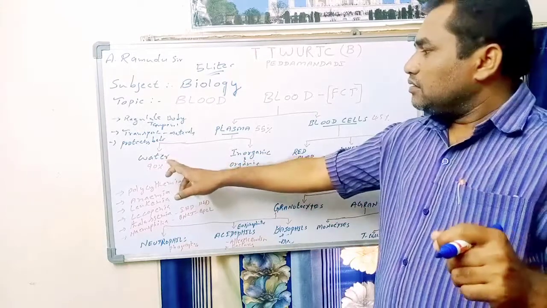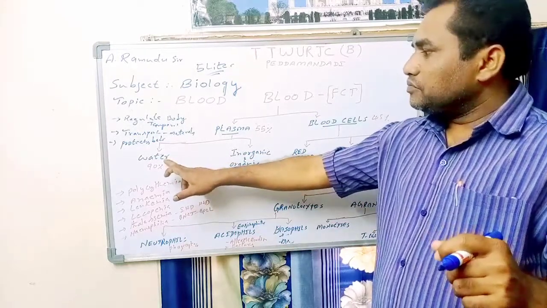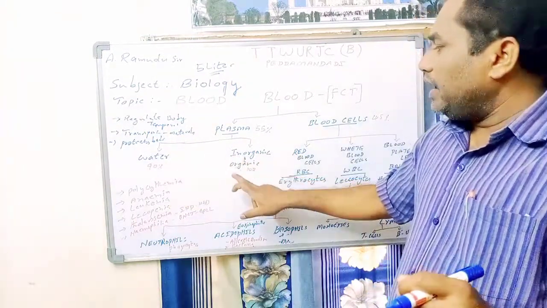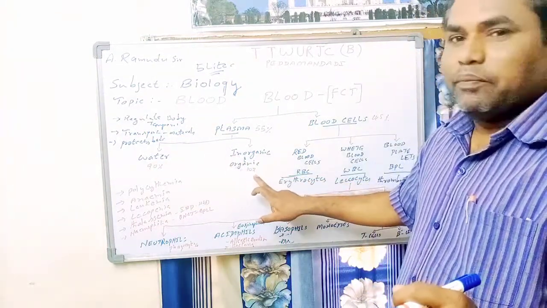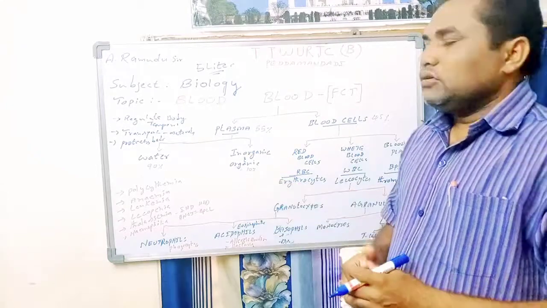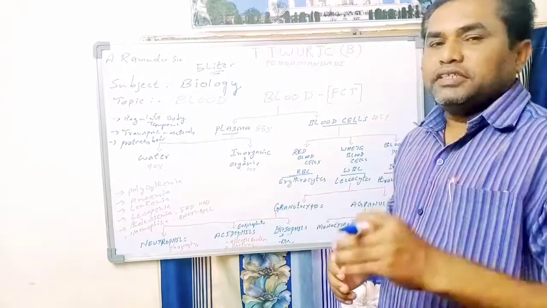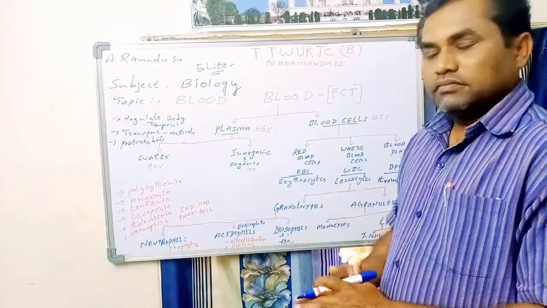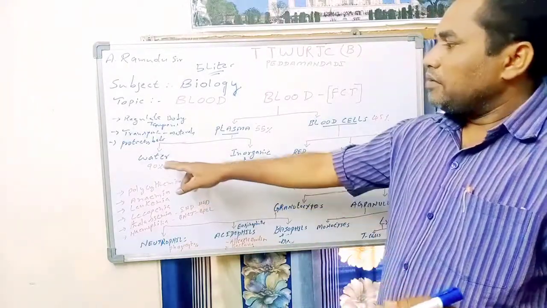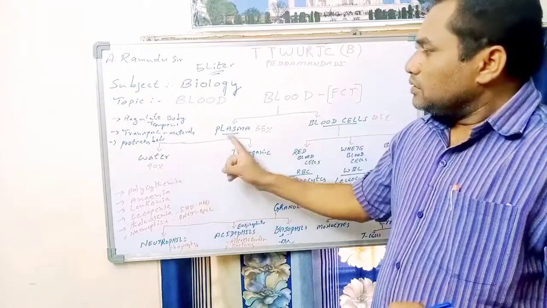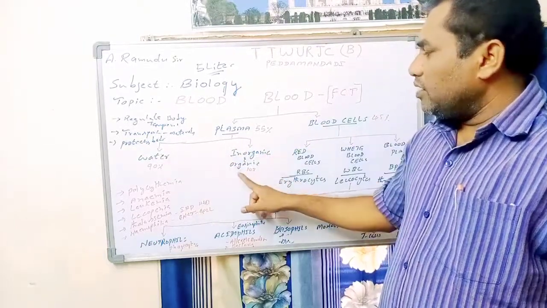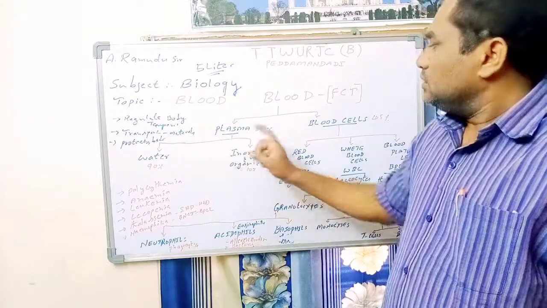Water is mainly 90%, and inorganic and organic substances are 10%. So plasma consists of 2 major parts: water, and inorganic and organic substances.